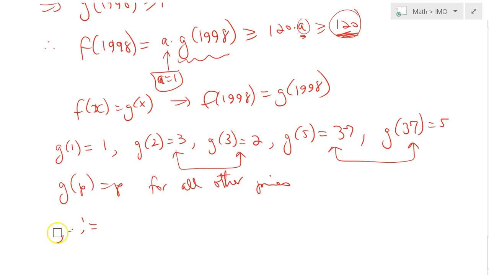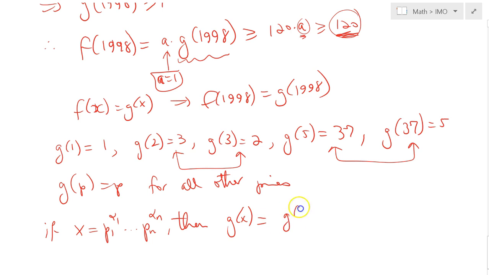And now if we also define g of x, let's write it like this. If x is equal to p1^alpha1 up to pn^alphan, then g of x will be defined as g of p1^alpha1 up to g of pn^alphan.